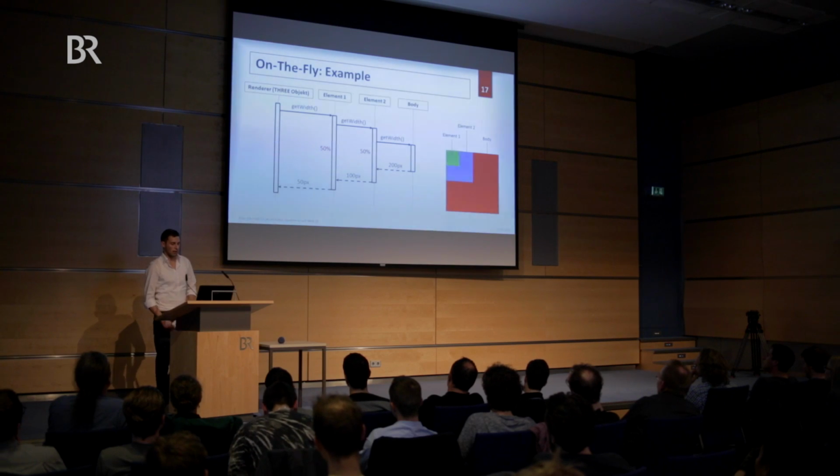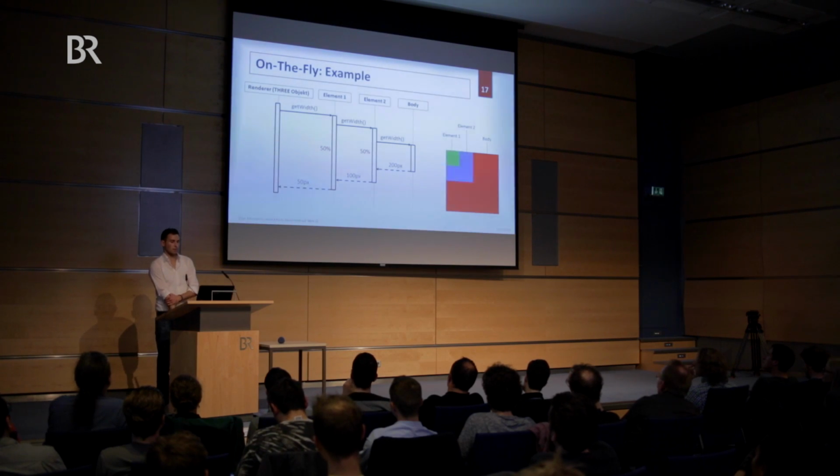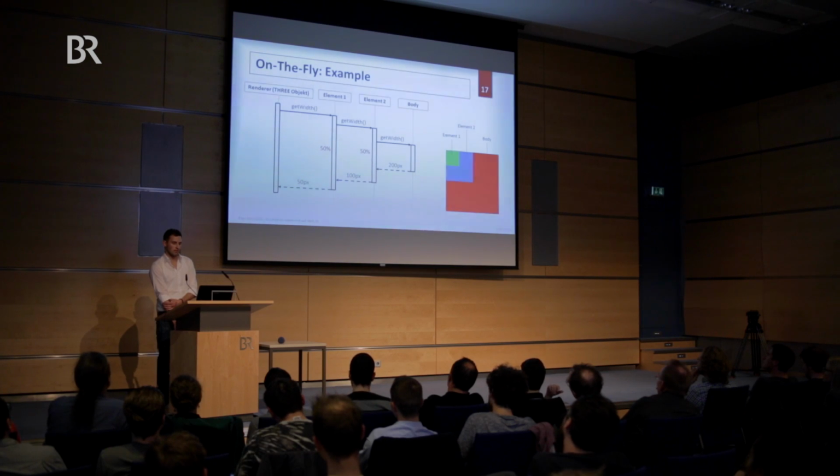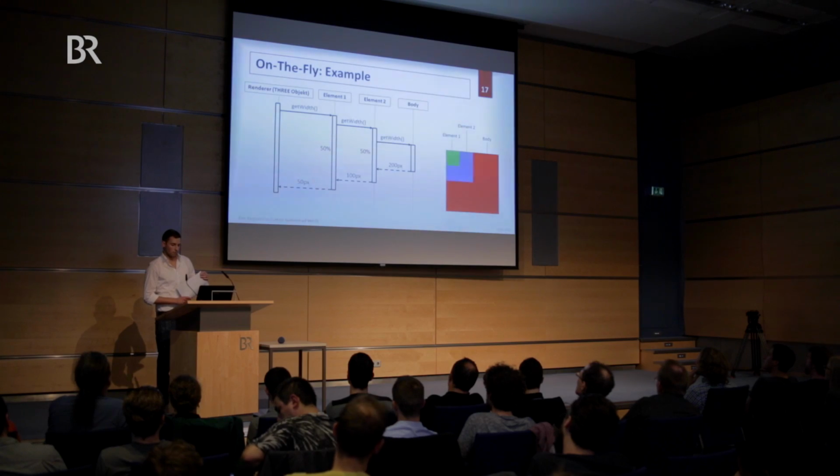Here's the example: the renderer wants to paint element 1, and he needs the real width in pixels. So he's asking get width element 1. Element 1 doesn't know. Element 1 just has 50%. So element 1 has to ask element 2. You see here on the right side, element 1 is the green one.